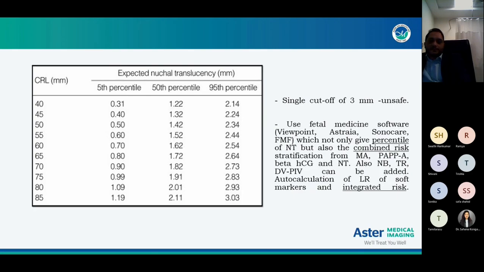Within the software there will be options to enter which soft markers are present and which are absent, and that can also be integrated later in the second trimester. The quadruple test, if we are doing it in the second trimester, can also be integrated. So the software really makes the work very simple. So these are the various ways we decide whether the nuchal translucency is normal or abnormal.